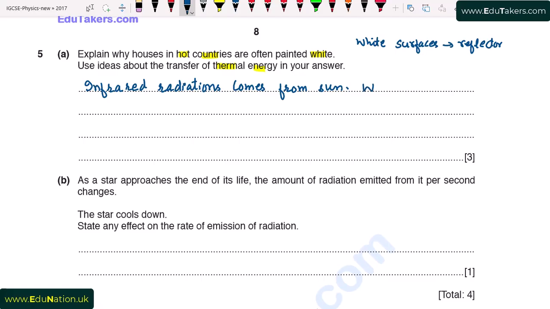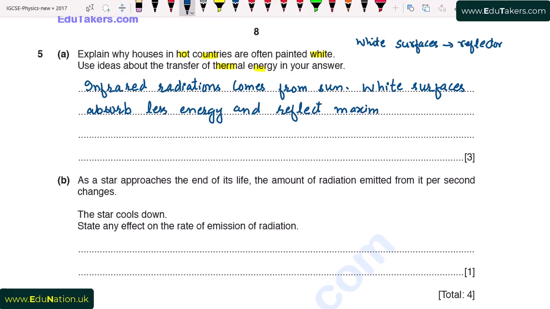White surfaces absorb less energy and reflect maximum energy, because white surfaces are good reflectors.